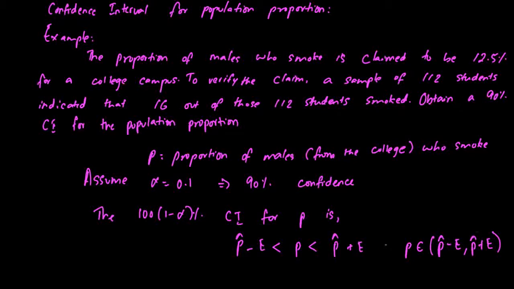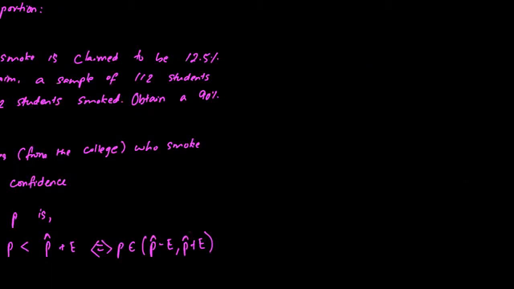They are equivalent representations. So P hat is the estimator for P obtained using the sample. E is the margin of error.